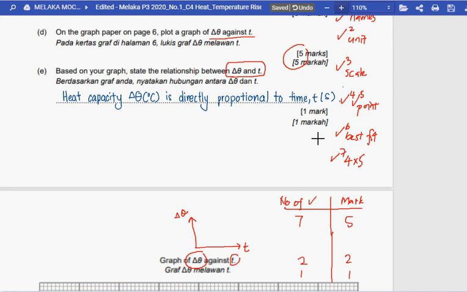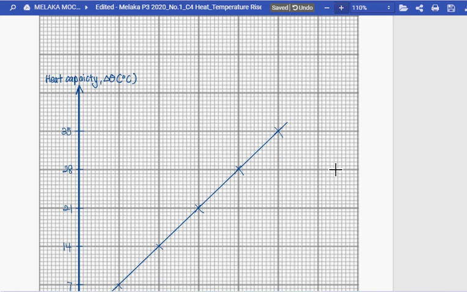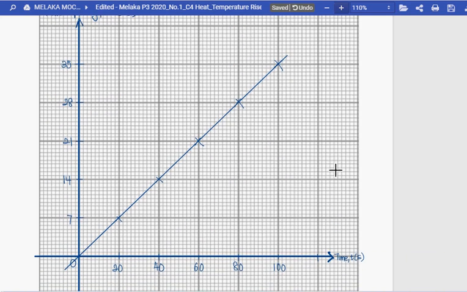In between will be 3 and 4. If you get 5 to 6 ticks, you get 4 marks. It means that to get 3 marks, at least you get 3 ticks. So 3 to 4 ticks will be 3 marks. Quite easy to get this mark. 3 marks is quite easy. Try to target that. Even if you are very lazy, at least try to get that 3 marks. Okay, see how. So in this case, can the first tick be given or not?